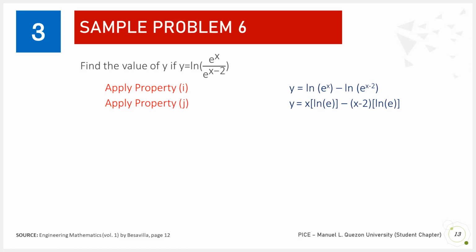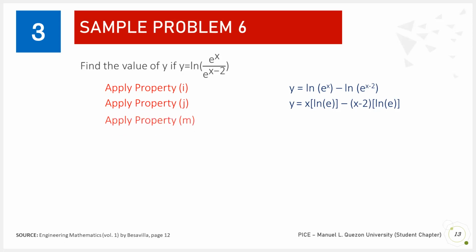We have an exponent x in the natural logarithm of e raised to x, and an exponent x minus 2 in the natural logarithm of e raised to the quantity x minus 2. What remains in the logarithmic expression is the natural logarithm of e, and another natural logarithm of e.